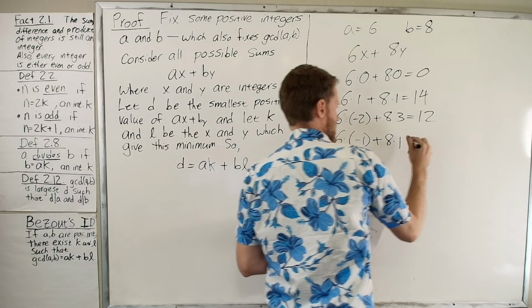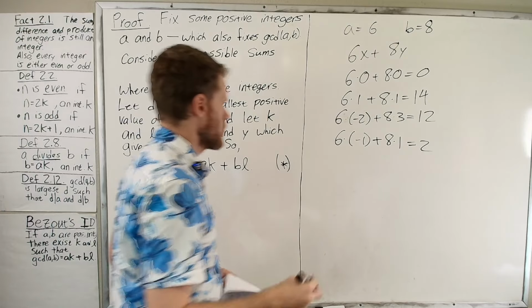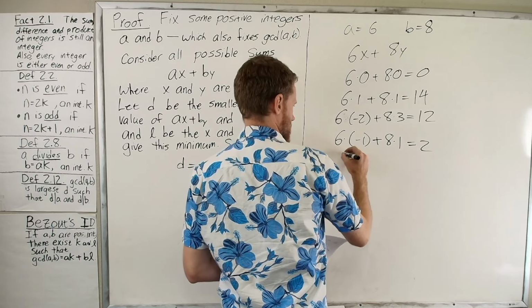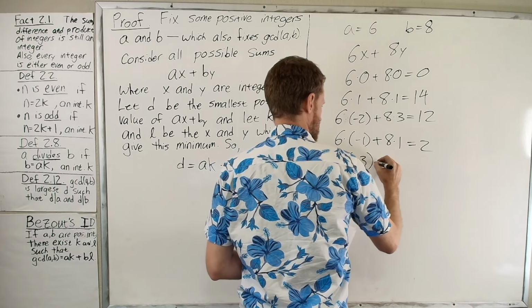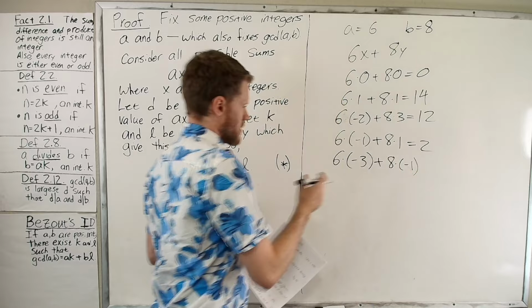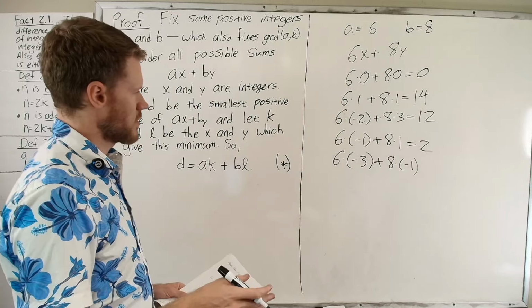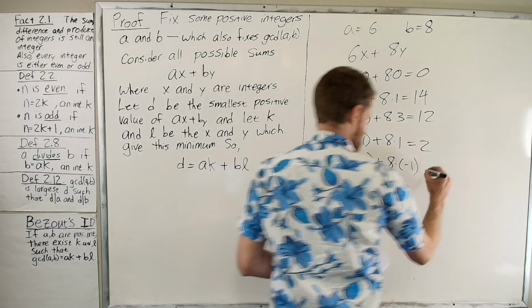Okay. -6 and 8 makes 2. What else? You could get 6 times -3 plus 8 times -1. So this is -18 and a -8, -26.